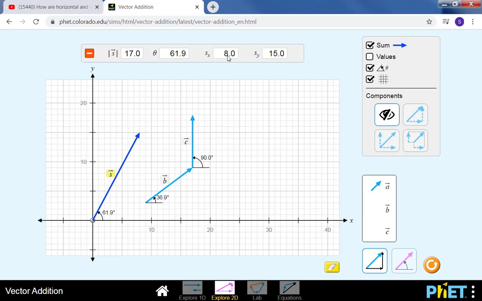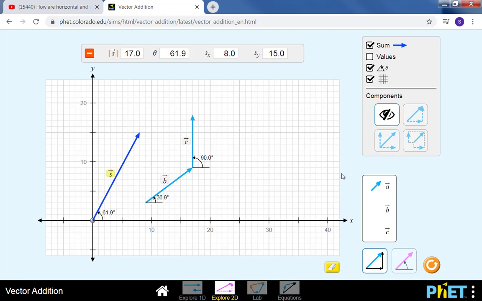S sub X, this is the piece of S that is parallel to the x-axis, known as the X component. And S sub Y is the piece of S that is parallel to the y-axis, known as the Y component. And now I can view the vector S as the sum of the components, S sub X plus S sub Y, just like we looked at S being B plus C.